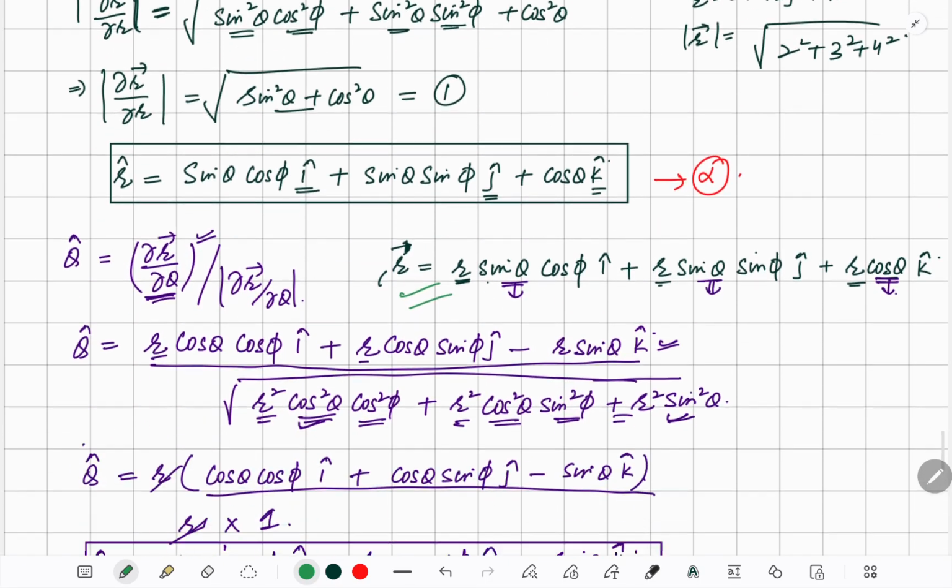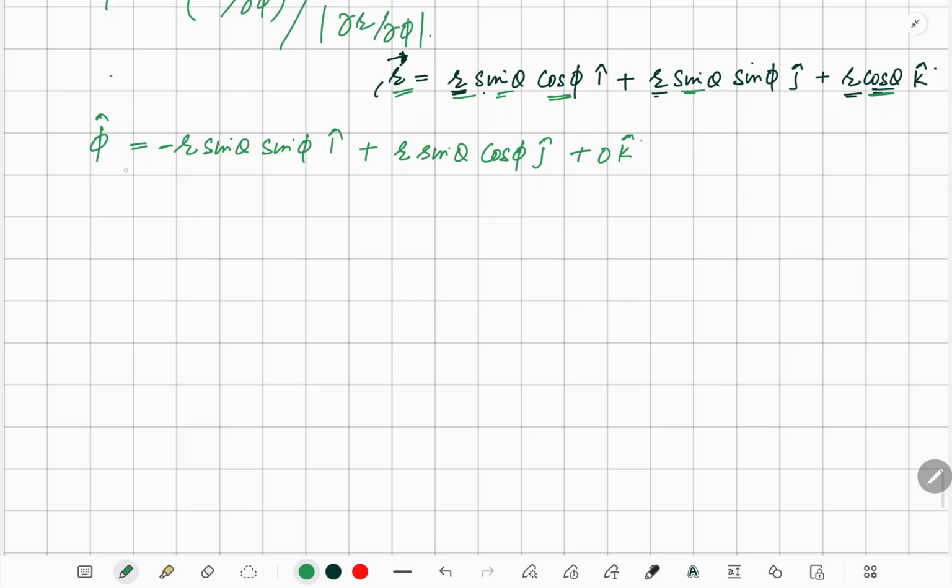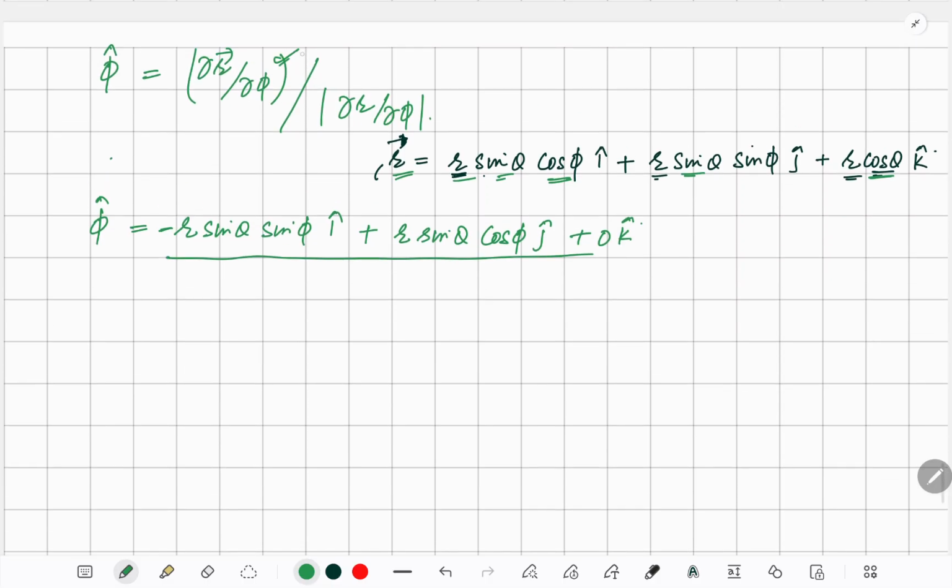So basically that's the vector divided by its magnitude. Now its magnitude is given by the root of r square sin square theta sin square phi plus r square sin square theta cos square phi.